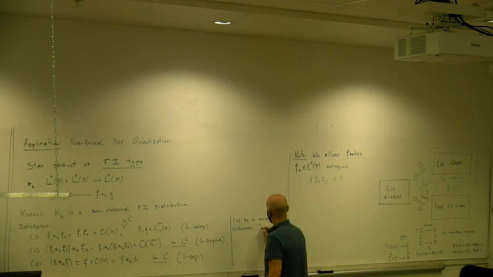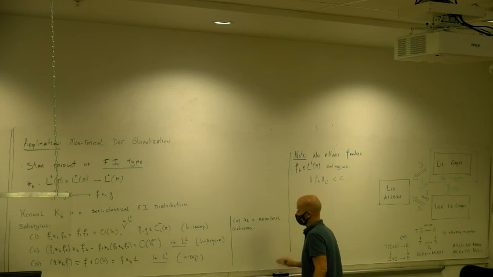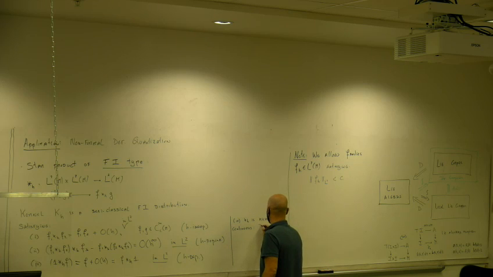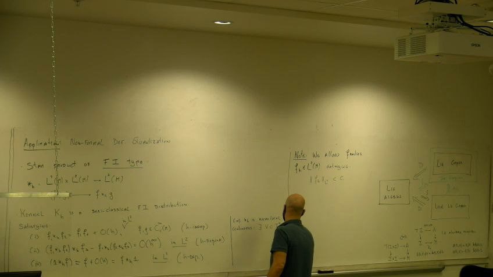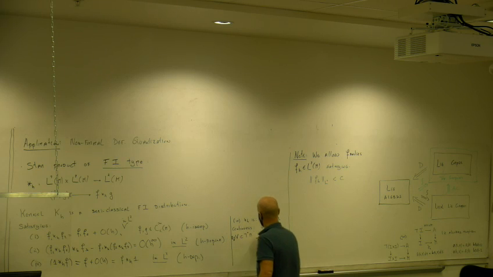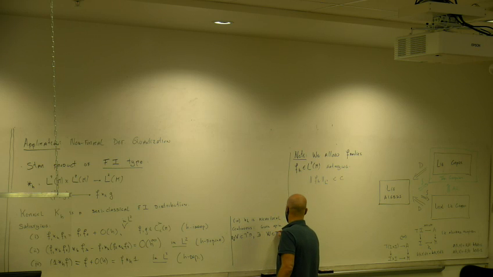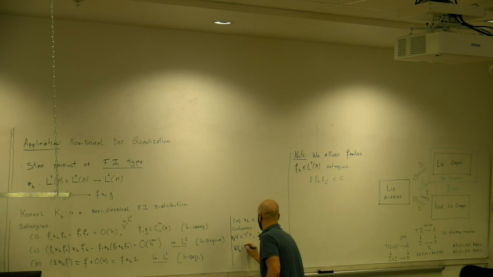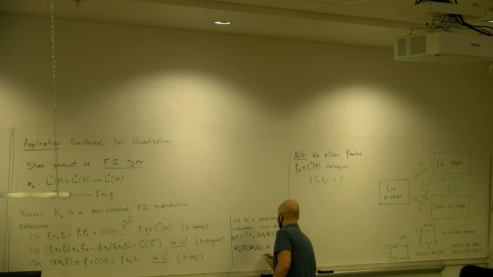What I mean by that is: given an open W in the cotangent bundle containing the identity, there exists another open V in the cotangent bundle containing the identity, such that if the semi-classical wavefront sets of F1 and F2 are contained in W, then the semi-classical wavefront set of the star product is contained in V.